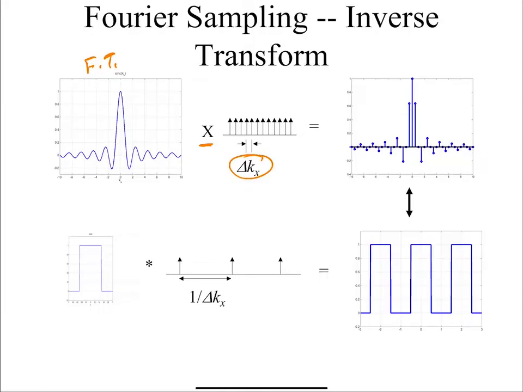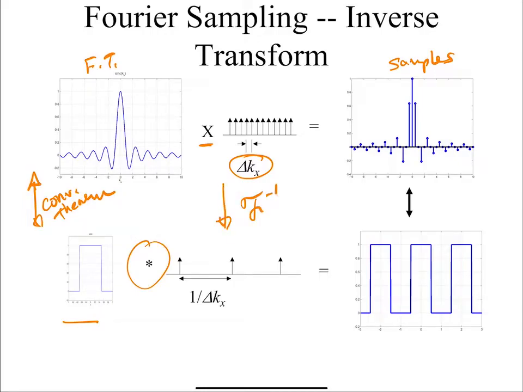So that gives me these samples here. Okay. Now we know that by the convolution theorem, I could just take my object and convolve it with the inverse Fourier transform of this guy. Okay, so now this has spacing of 1 over delta kx, all right, because of the scaling theorem.